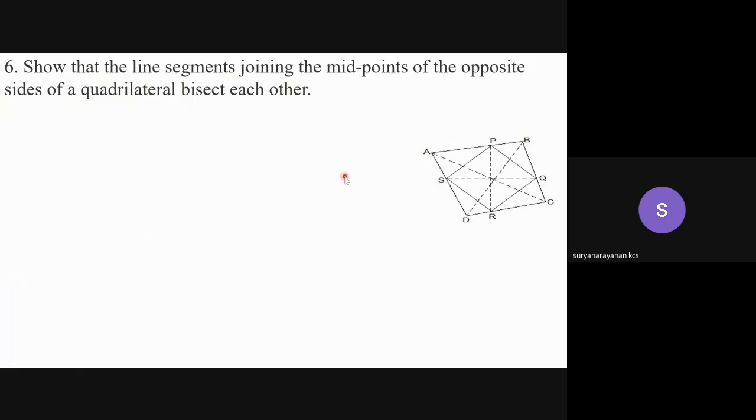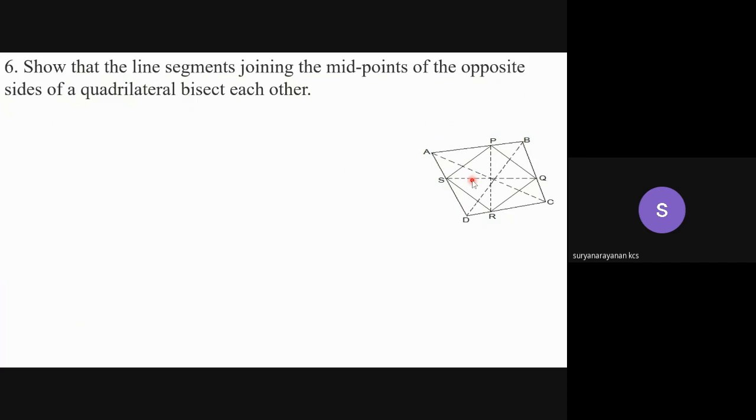Let us consider ABCD is a quadrilateral in which P, Q, R, S are the midpoints of the sides AB, BC, CD and DA respectively.